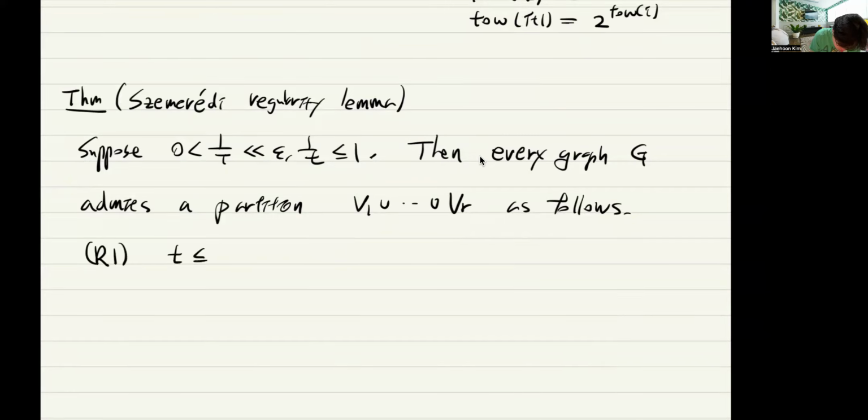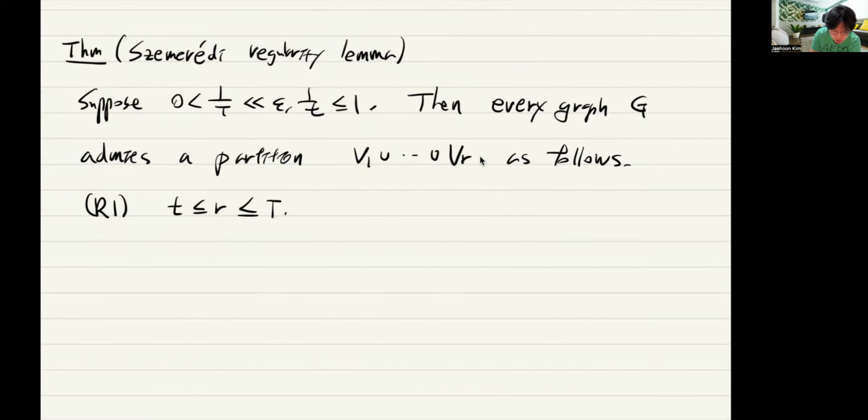One is that the number of parts is between small t and large T. Sometimes we don't want the number to be too small, so we can put the lower bound as we want. But if this lower bound is large, then the upper bound also grows with it. So this is determined by epsilon and small t.